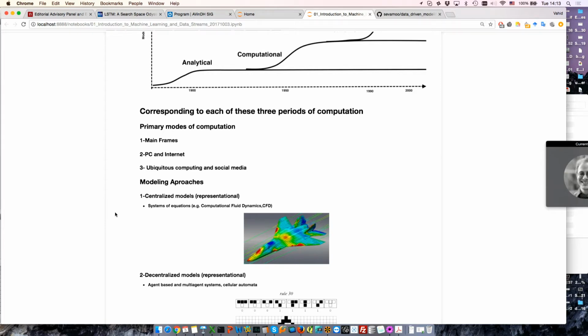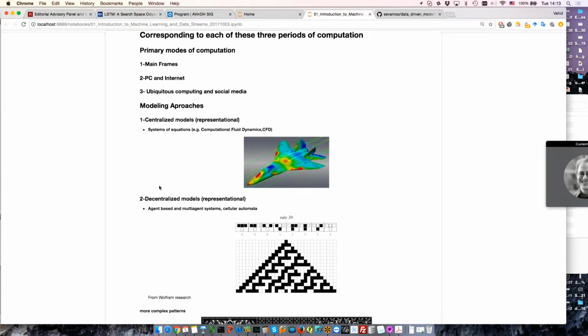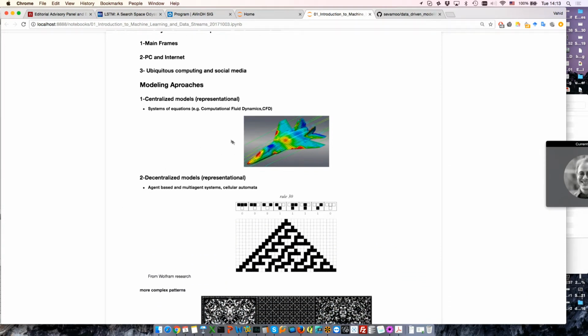And this correlates a lot conceptually with the notion of the internet, because it's no longer about the computational node, it's about the connection of the nodes. So just as a picture, you can see here, for example, as centralized models, we have these very powerful CFD models, and it's a big field. And actually, I think in architecture nowadays, we are using these techniques as well.